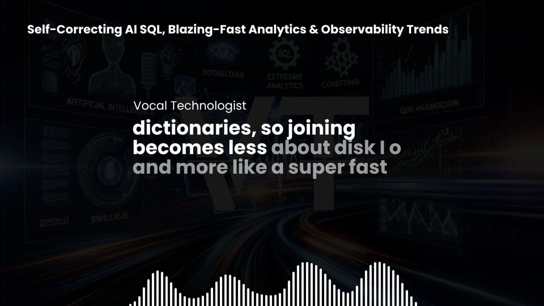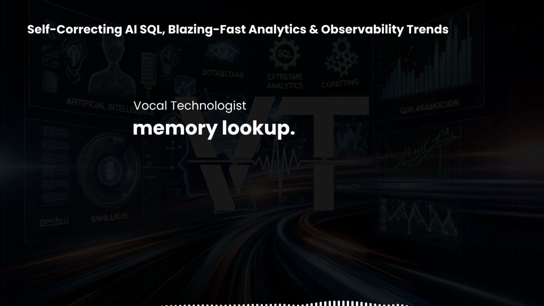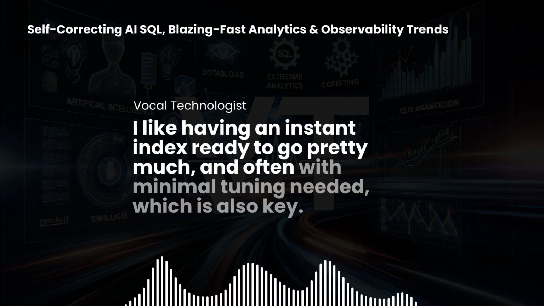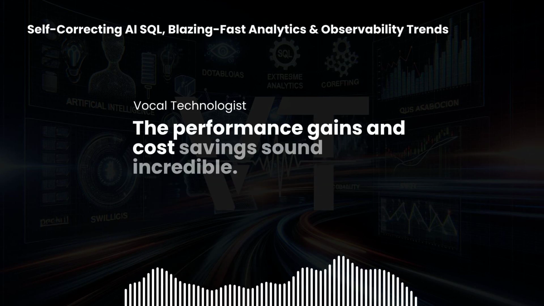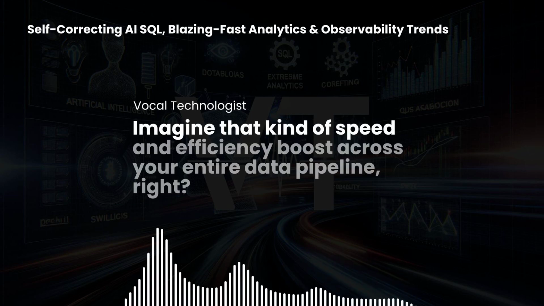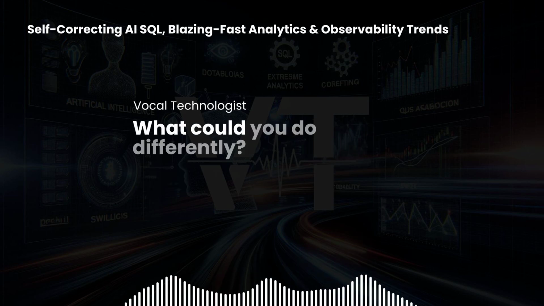So joining becomes less about disk I/O and more like a super fast memory lookup. Like having an instant index ready to go. Pretty much, and often with minimal tuning needed, which is also key. The performance gains and cost savings sound incredible. It makes you wonder. Exactly. Imagine that kind of speed and efficiency boost across your entire data pipeline, right? What could you do differently?